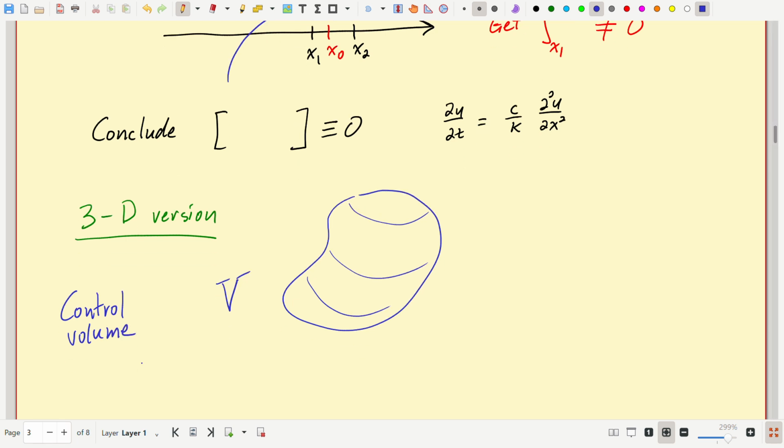Let's have a temperature gradient. That would be the gradient of the temperature.